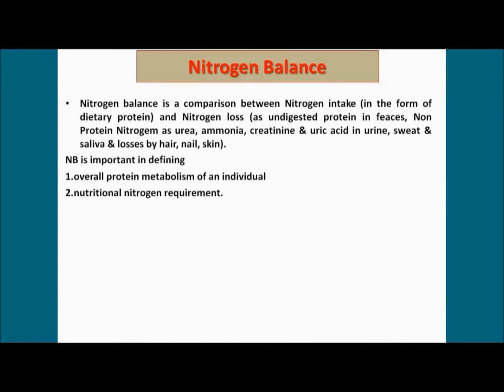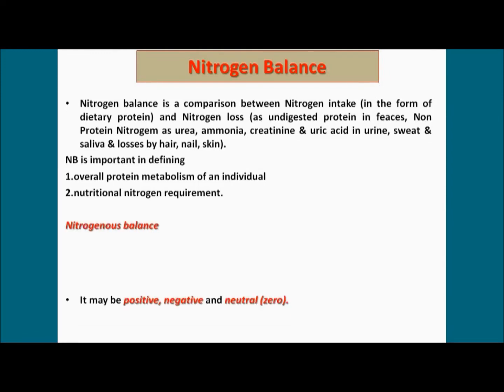Now nitrogen balance is important in defining the overall protein metabolism of an individual. Moreover, it is also important for defining the nutritional nitrogen requirement. So what are the scales of the nitrogen balance?